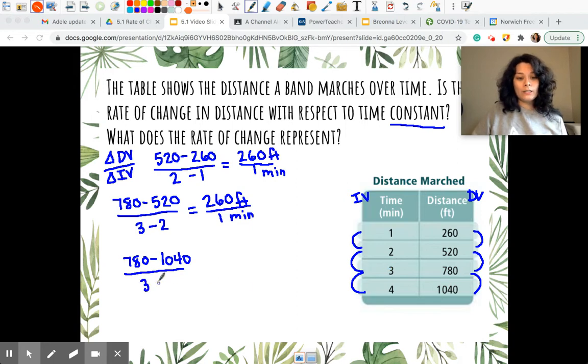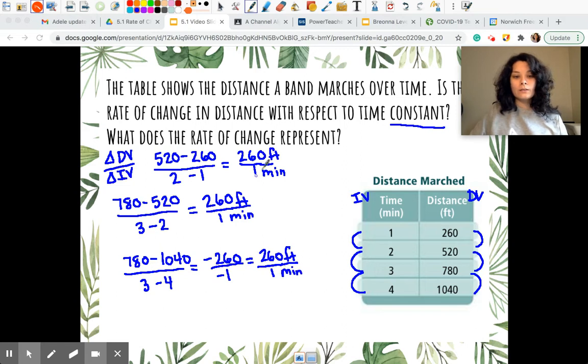So I'm going to do 3 minus 4. I'm just going to use a calculator to get through this calculation really quick. I don't want this video to be too long. That's going to give me a negative 260 in the numerator. And in my denominator, I'm going to get negative 1. So this can actually reduce a little bit. I can reduce the negatives and get a positive. So no matter what, I'm going to get the same rate of change.